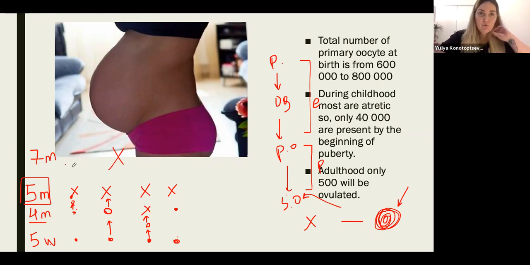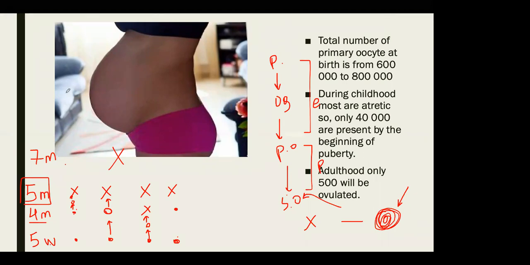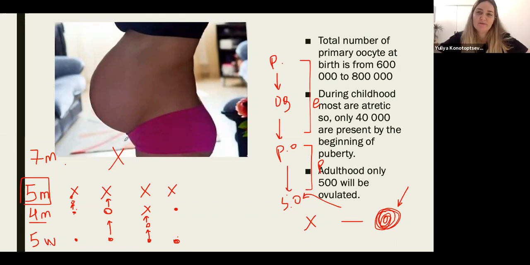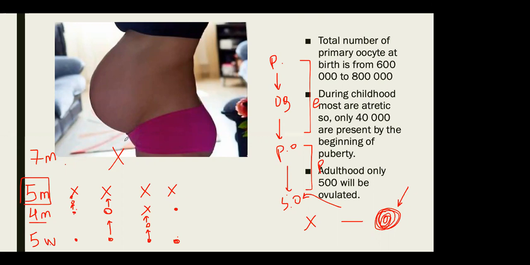By the time you reach the 7th month of embryological development, 3 of them should die, only 1 should stay. Can I call it a cluster if there's only 1 primary oocyte? No. So what should I call it? What surrounds this primary oocyte? Follicular. Very good. Follicular cells surround it.